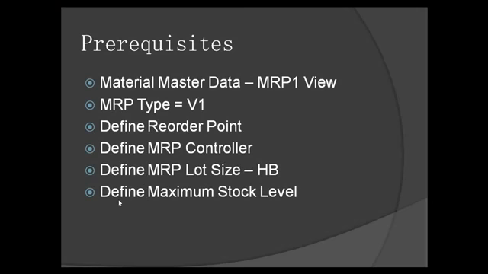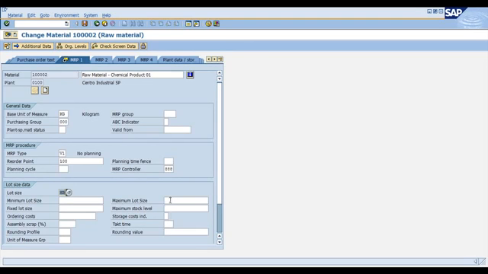And we must define our maximum stock level. You can do that here. In our example, we were working with 500. Okay. We have more fields here, but for the sawtooth, only this information is necessary, I believe.